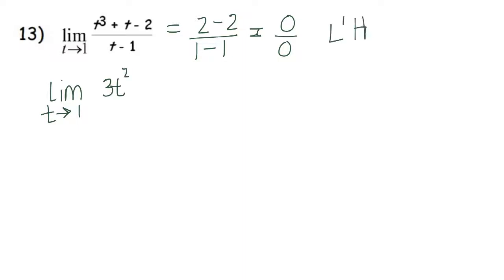I did not make that note there. I would have lost a point here or more, so we got to watch out for that. So our derivative on top, 3t squared plus 1. And then on bottom, that derivative would just be 1. So after we plug in, we end up with 4 over 1, which is 4. Or most days. Depends on what kind of day I'm having.